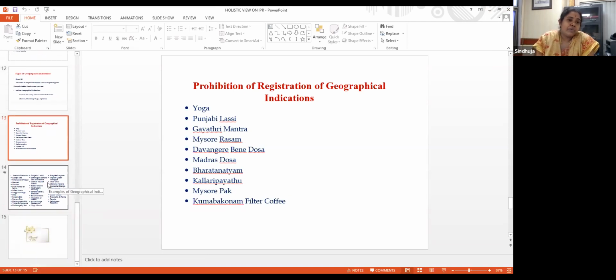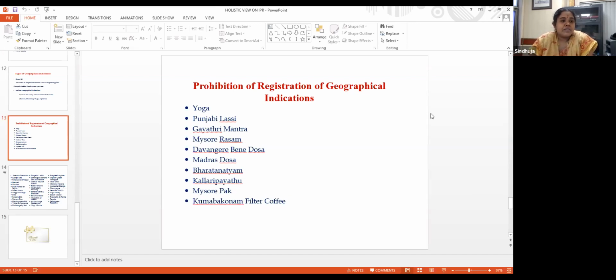In trademark, it is given to any person coming with a new logo or anything. But this GI is given to a group of users, so authorized users. They have to form a part of that association to claim themselves as a registered user. Otherwise, they cannot claim any right in that product, because the quality shall not be diluted.